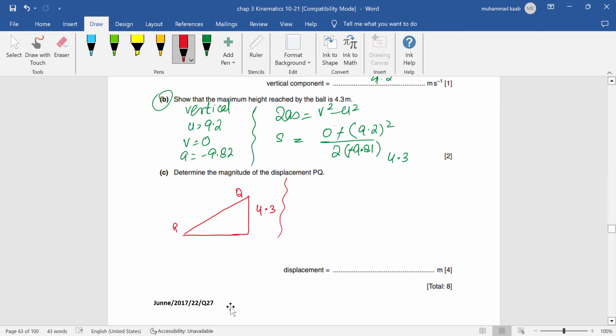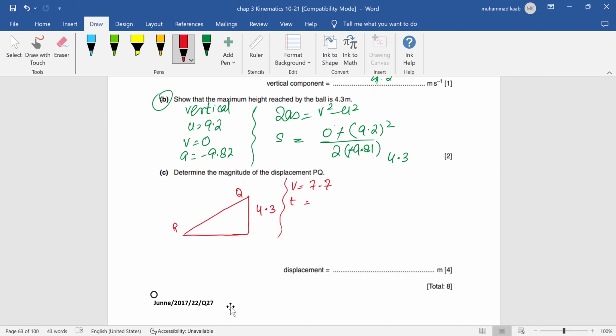We know the horizontal velocity is 7.7, right? And what will be the time for the horizontal motion, Irfan? I'm not sure where you will get the time.